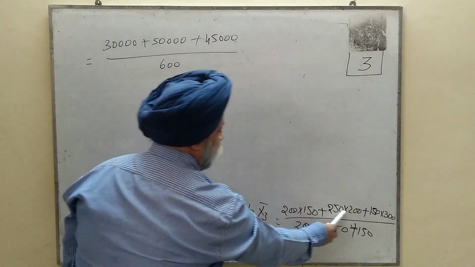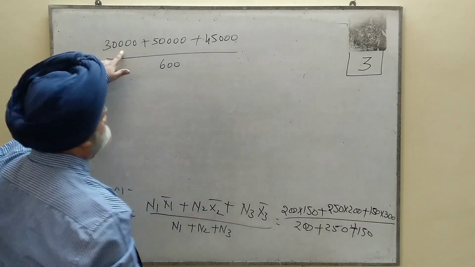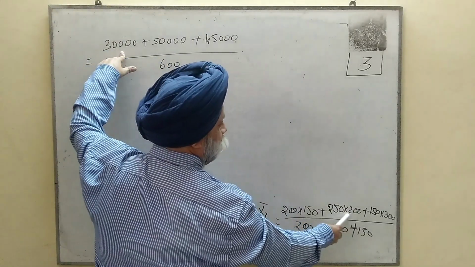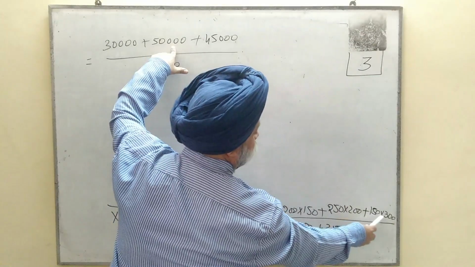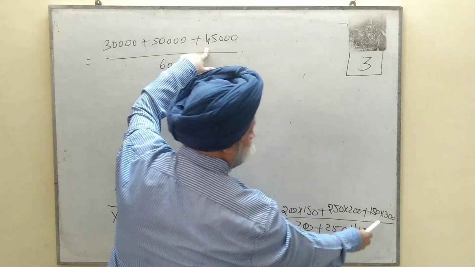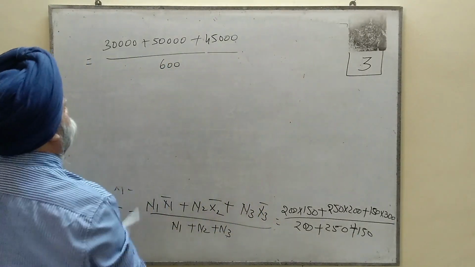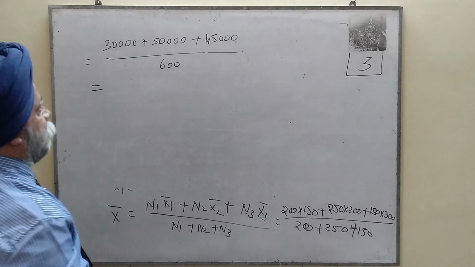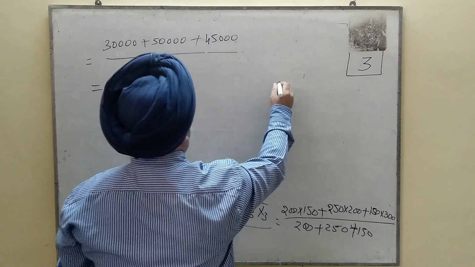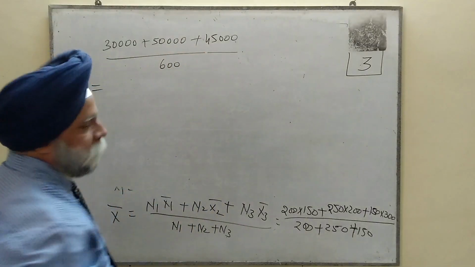Now on calculating this, the total of the denominator is 600. इसको आप टोटल करेंगे तो वैल्यू आ जाएगी, आप यहाँ टोटल करके देख लीजिए 30,000, 45,000 and 50,000.